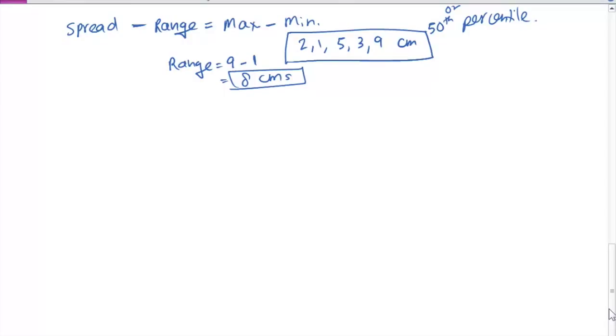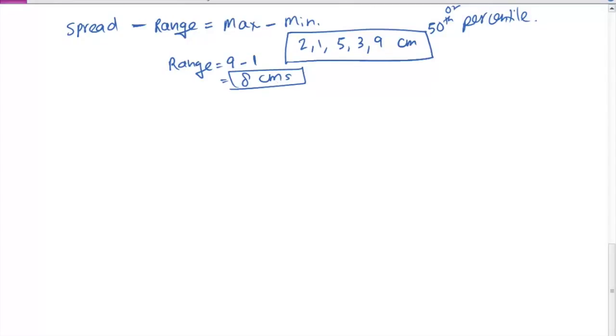Range does not care what is going on in between. Between 9 and 1 you have other values like 2, 3 and 5. If 5 is 7 or 3 is 4 or 2 is 8, it does not matter. Range remains exactly the same.